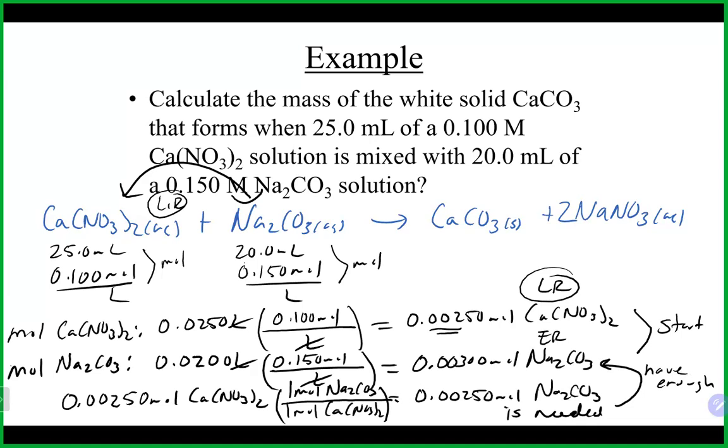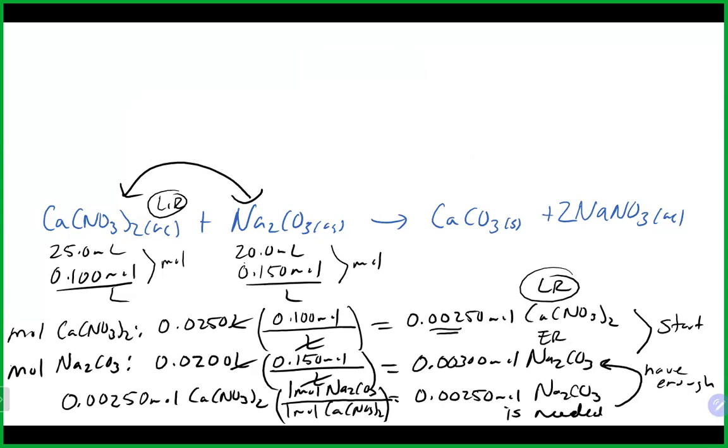Remember, in a limiting reagent problem, the limiting reagent is the most important thing because that is the one that determines how much product you could form. So because we have our calcium nitrate in this case as our limiting reagent, that is what we want to use. So now we could actually do our product here.